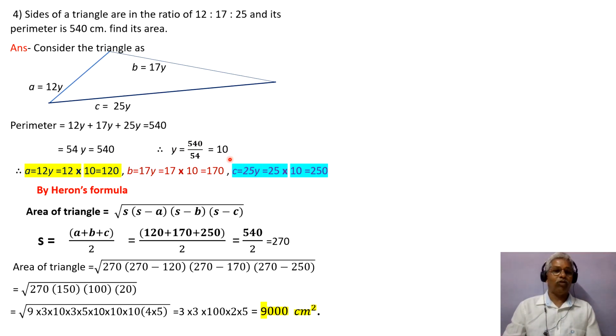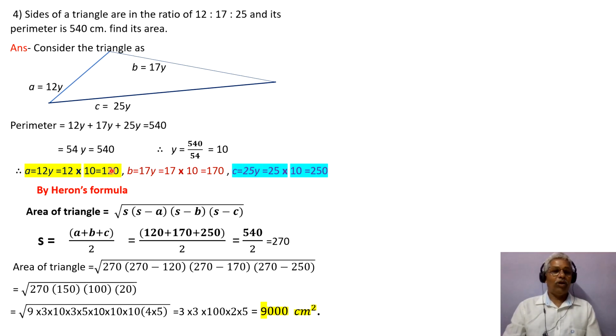So we got the value of y. Now we can calculate A, B, and C. A is equal to 12y, that is 12 into 10, which is 120. B is equal to 17y, that equals 17 into 10, which is 170. And C is 25y, which equals 25 into 10, or 250.